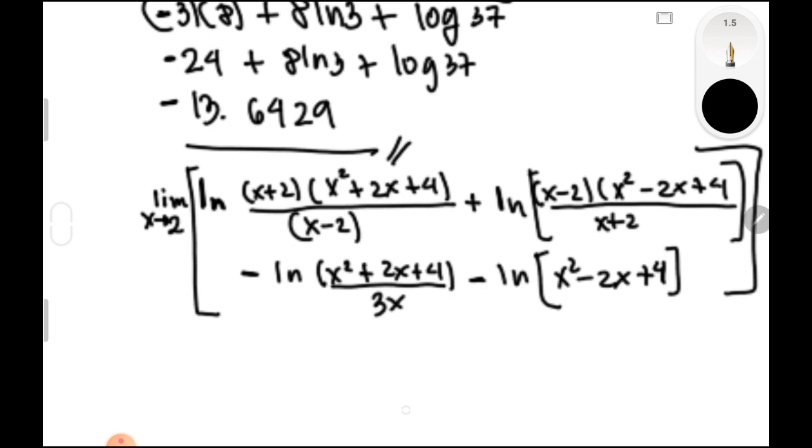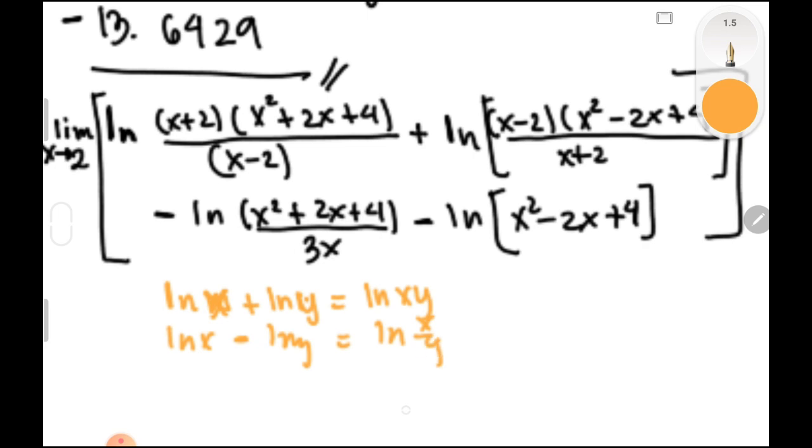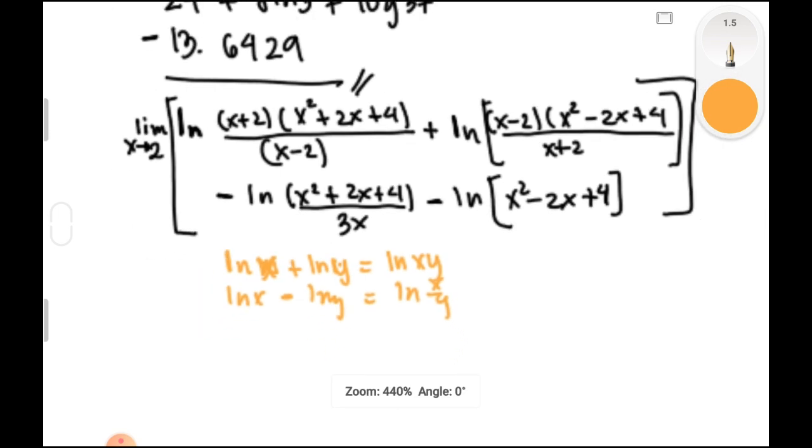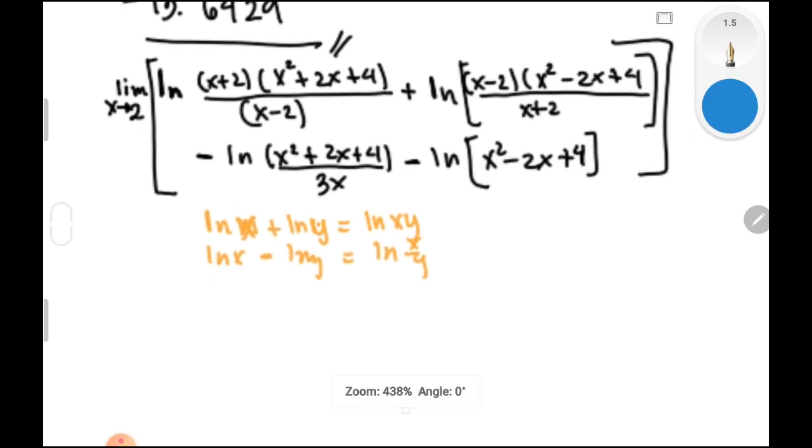But the best thing to do here is to use the property of log, wherein we have ln of x plus ln of y, which is the product rule, is equal to ln xy, and also ln of x minus ln of y can be written as ln x over y. From this, we can have the idea on how to solve the problem.